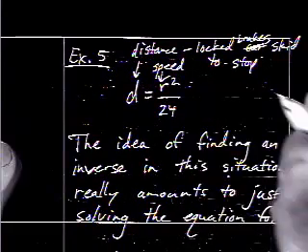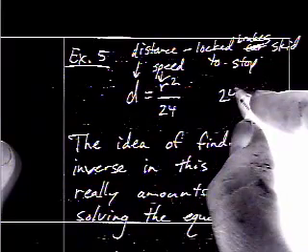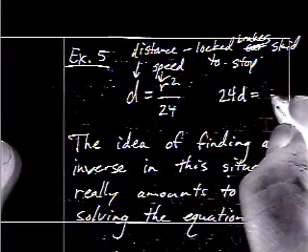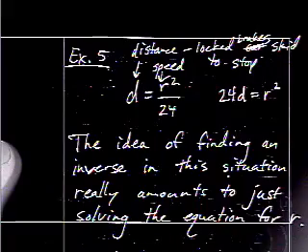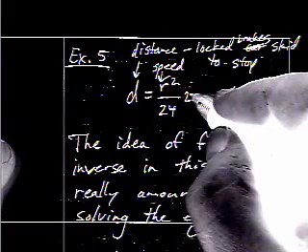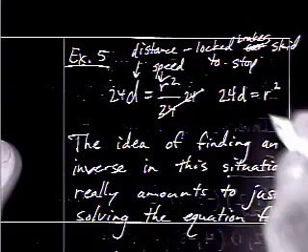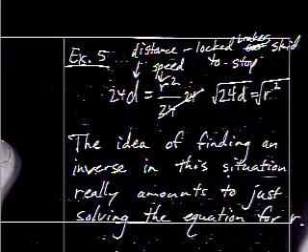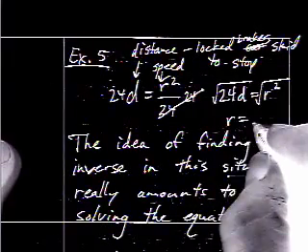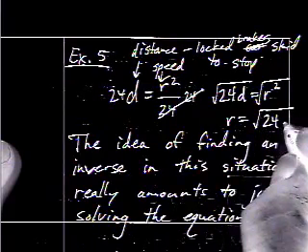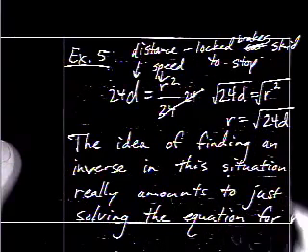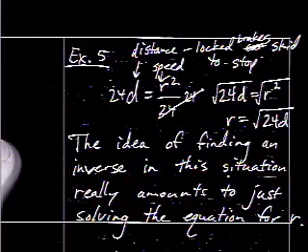So, if you can solve this equation for r, multiply both sides by 24. Right? Just going to multiply by 24 on both sides, and the 24's cancel over. Take the square root. Then you pretty much have, and yes, I know we could rationalize that a little bit more, right?